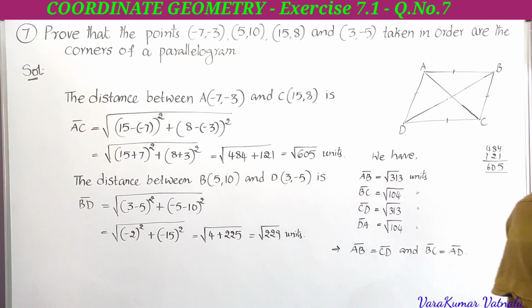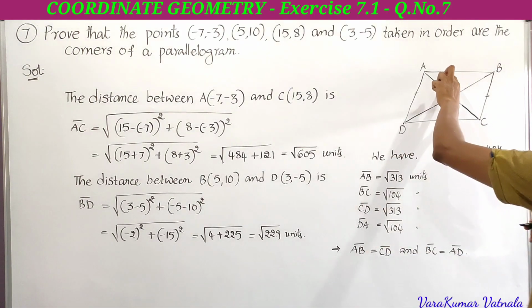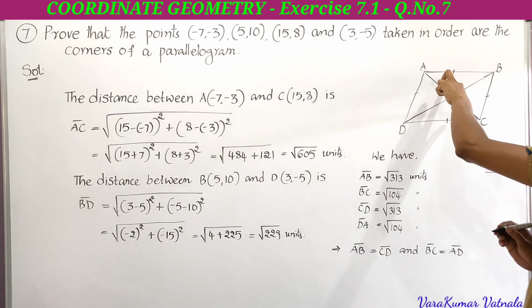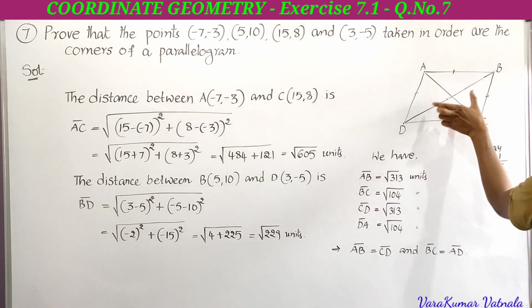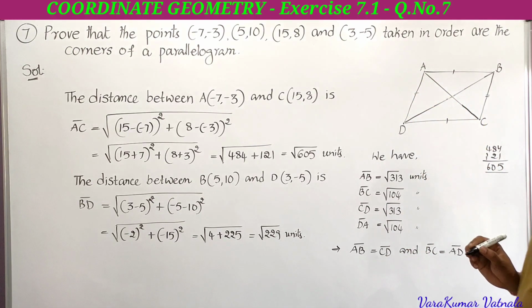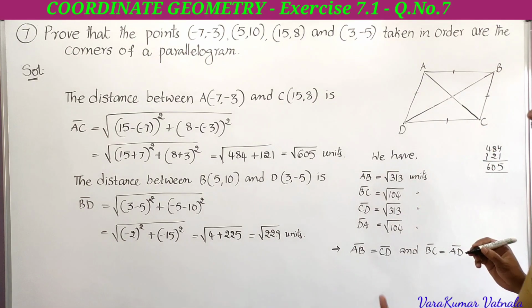In the same way we find that the opposite sides are equal, whether it may be a rectangle or a parallelogram. To decide further, we have to check the lengths of the diagonals. If the lengths of the diagonals are not equal, then we can decide that it is a parallelogram.